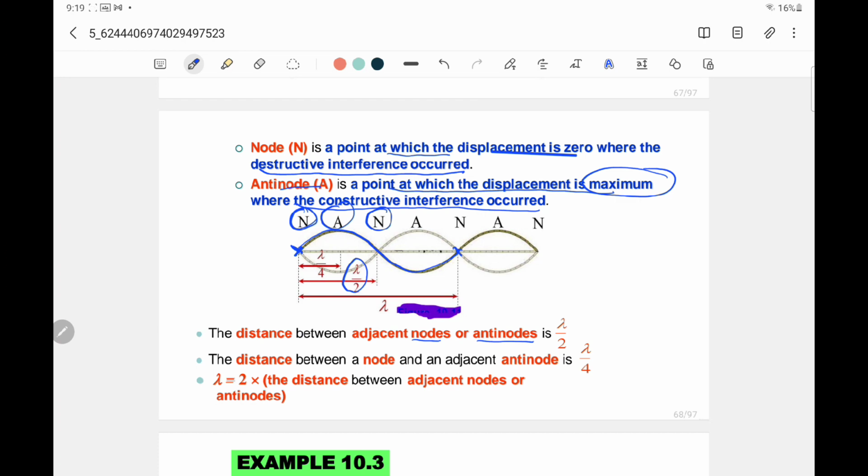So the distance between this antinode and this antinode is lambda over 2. And the distance between a node and the adjacent antinode, the one beside it, is lambda over 4.